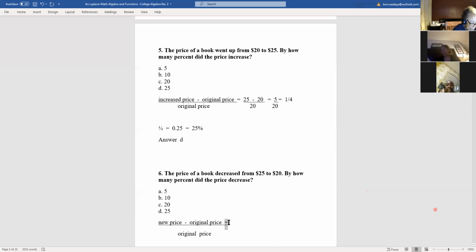So that's going to be equal to the new price, 20, minus the original price, which was 25. 20 minus 25 is what? Minus 5.